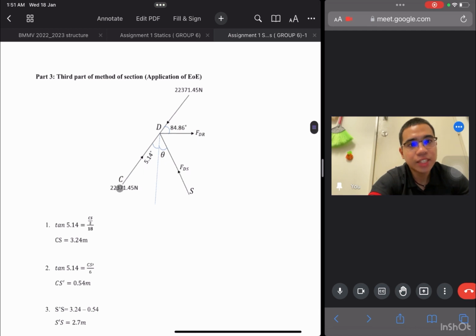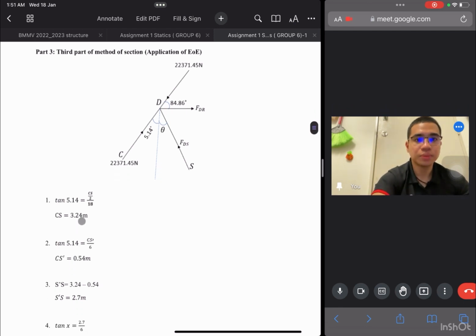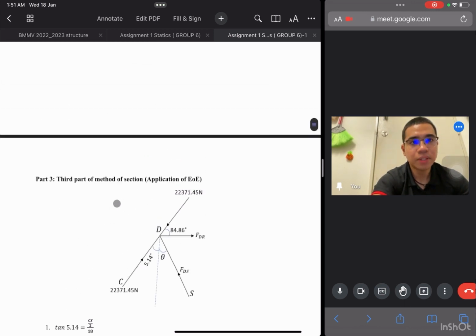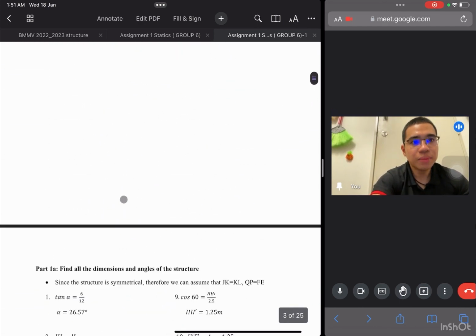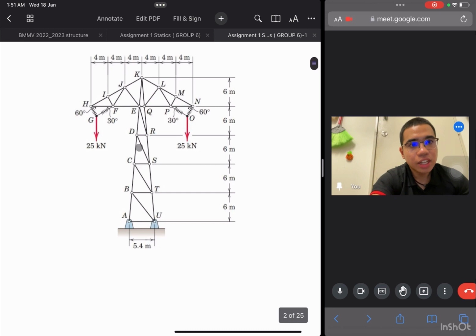So I'll get CS, where C to S is 3.24 meter, and tangent 5.14 equal to CS prime, where S prime is actually here.